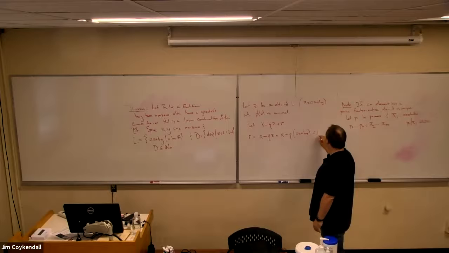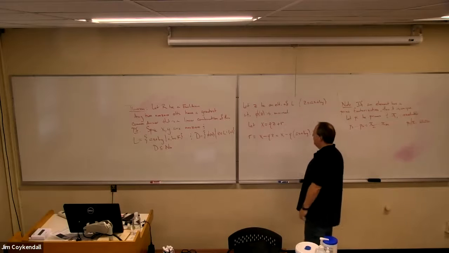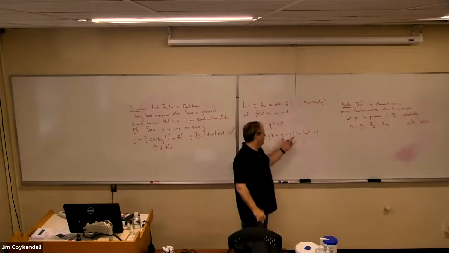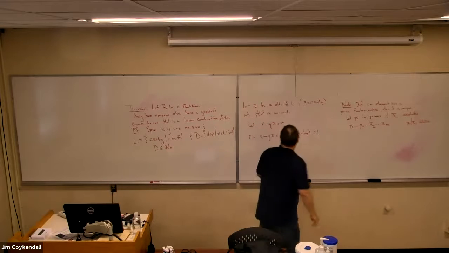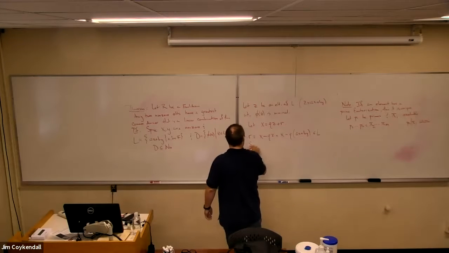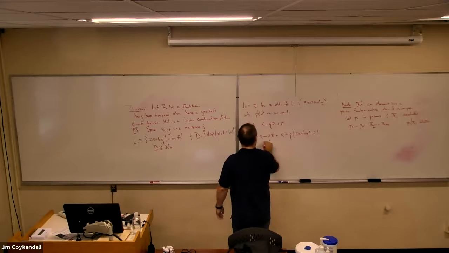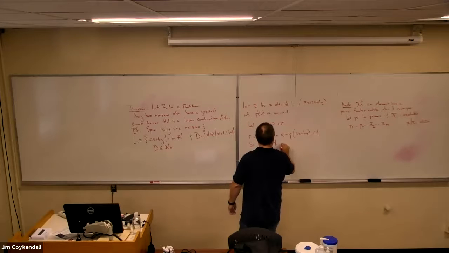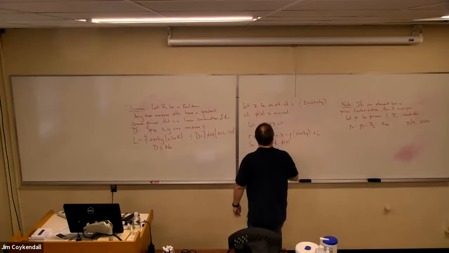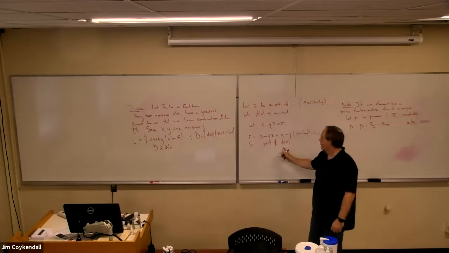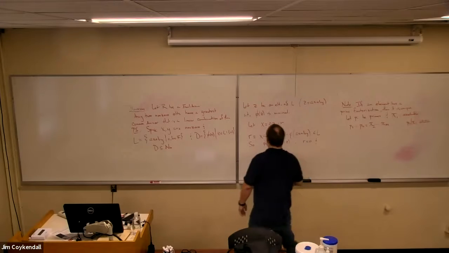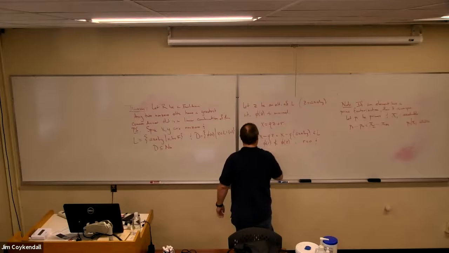And so this is an L, right? Because R is a linear combination of X and Y. And so phi of R cannot be less than phi of Z, because phi of Z was chosen to be minimum. Therefore, R is 0 and Z divides X.